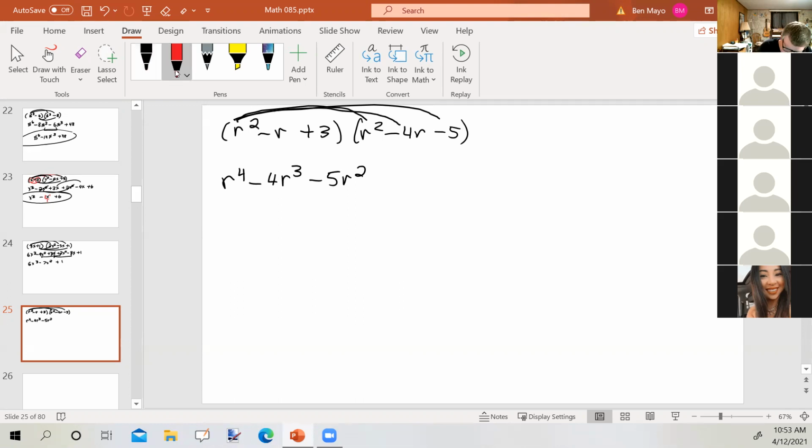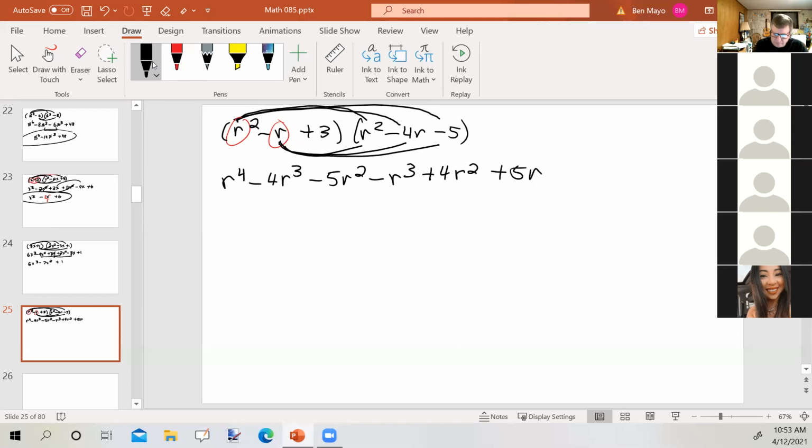So then moving over to the next term, we get minus r times r squared is minus r cubed. Minus r times minus 4r is plus 4r squared. Remember, minus times minus is plus. Minus r times minus 5 is plus 5r.